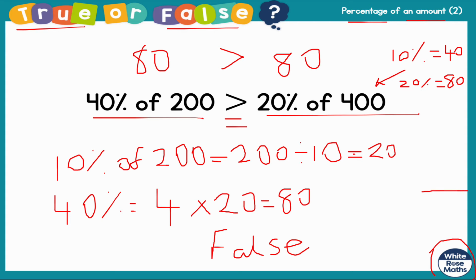To work out 10% of any number, you divide it by 10. So 10% of any quantity, we divide it by 10, and then from there, we can work out what 20% is and what 40% is by timesing it by the relevant amount, based on our percentage. Right, guys, so this is the White Rose Maths answer.